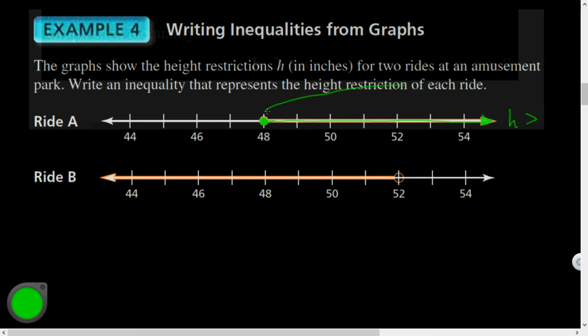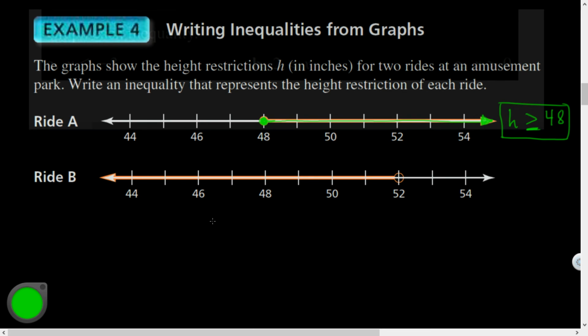But since they filled the circle, I've got to have the line. So h is greater than or equal to what number? What number do you think? Yeah, 48. So this is an inequality that describes that graph, which also describes how tall you must be in order to ride that ride.